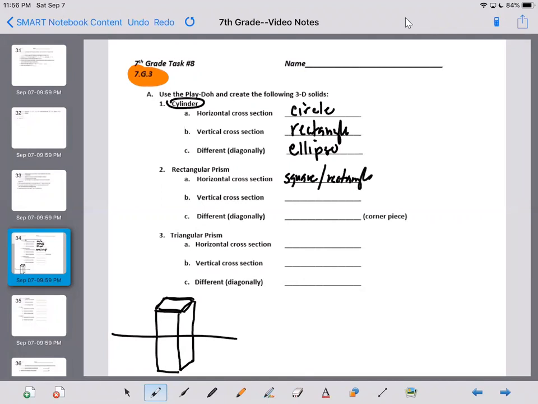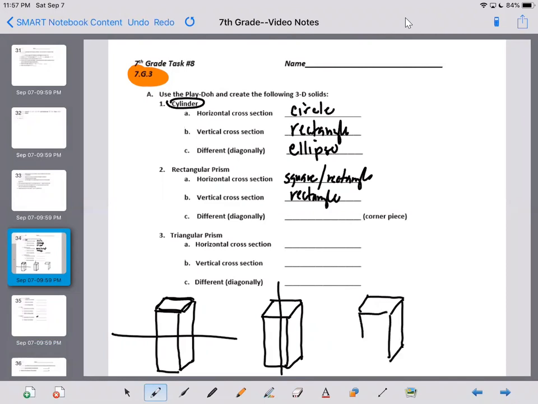And if I take the same rectangular prism and think about slicing it vertically, you would still see a rectangle. And think about if you sliced it diagonally or in a different way, and you sliced it, let's say, diagonally this way, think about what shape you're going to see when you open that up.